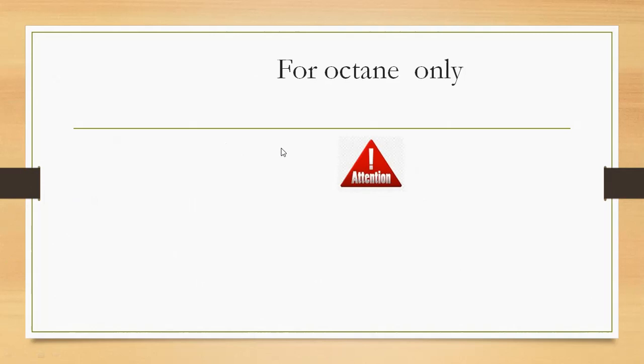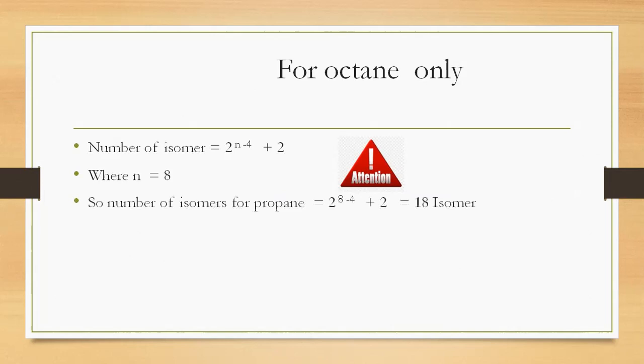Now, just remember, for octane, one formula is 2 to the power n minus 4 plus 2, with which we already calculated 18 isomers.